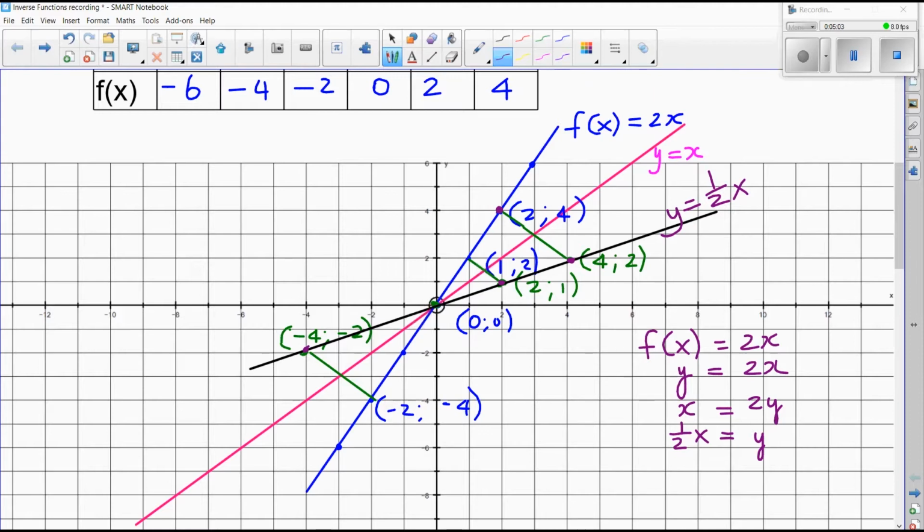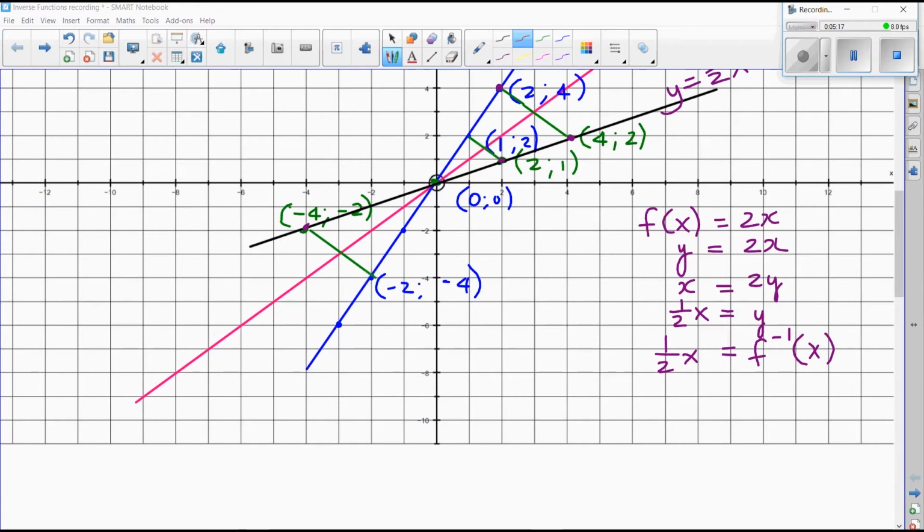Now, my graph was given to me using functional notation, so I'm going to write the inverse using functional notation. And so the inverse of f of x is a half of x. So be careful with this notation. The notation for the inverse is not an exponent, so you can't say that it equals 1 over f of x.